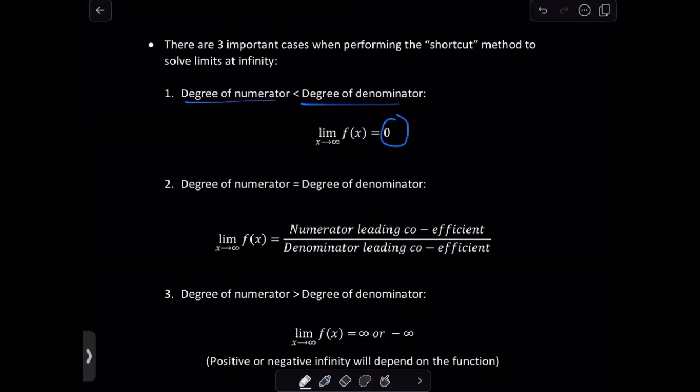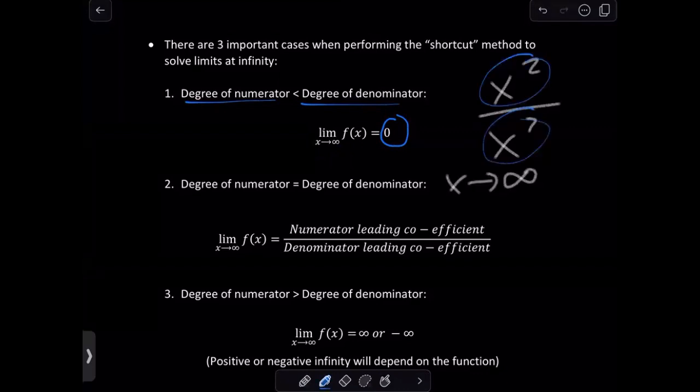Why? Think about it. Let's say we have a simple term, x squared over x to the power 7. If you substitute increasingly larger numbers as x approaches infinity, yes, the numerator is going to get large because it's x squared. But the denominator is going to get much larger, much faster, because it's x to the power 7.